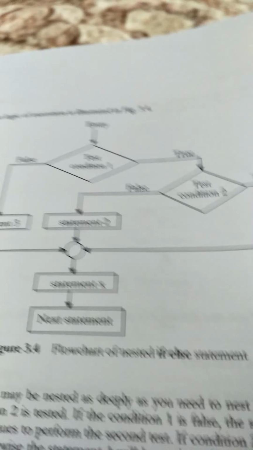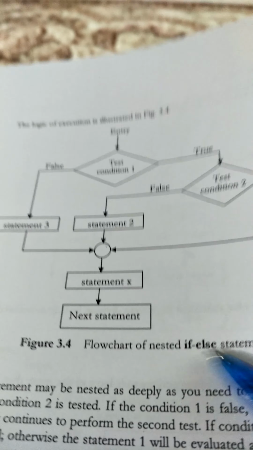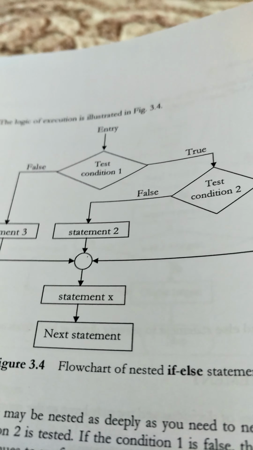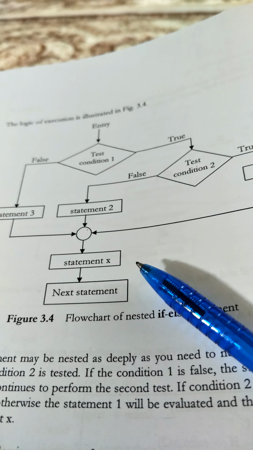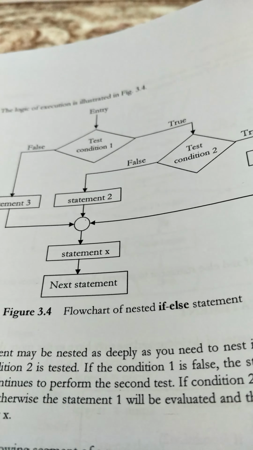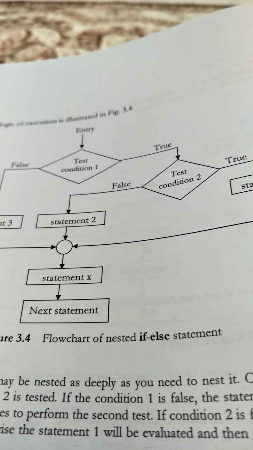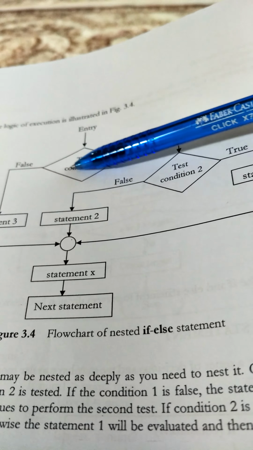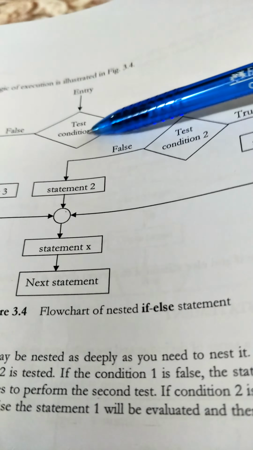Okay, so let's see the flow chart of that. If you study this, look at the general form, and it comes to the flow chart. Look at how the flow chart works as compared to the general form that we have. It should be in line. Okay, so we have the test condition 1.